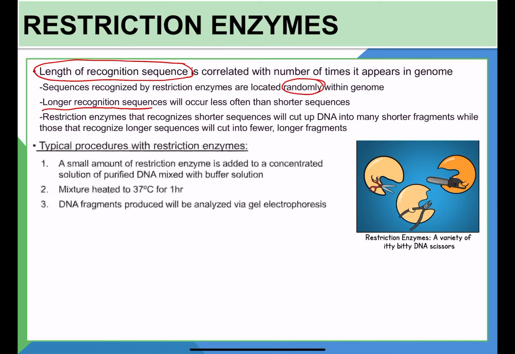So how do we typically set up a restriction enzyme digestion? It's all pretty much the same way, where you have a small amount of restriction enzyme and then you add it to a concentrated solution of purified DNA. Why we call it purified DNA is because usually we don't take cells and just dump restriction enzyme into the cell lysate.